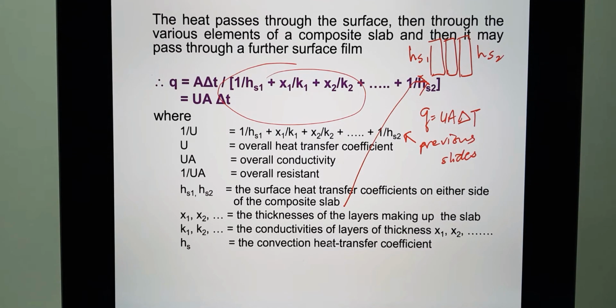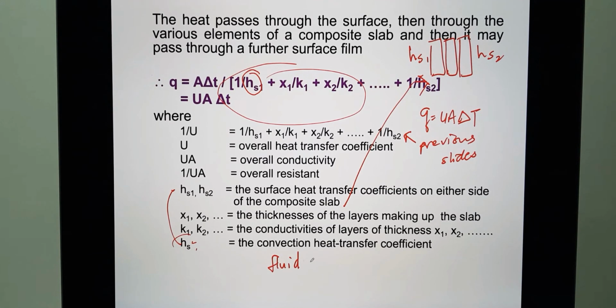HS is the convection heat transfer coefficient. Okay, this particular HS, this one, is the convection heat transfer coefficient. When we talk about this HS, this particular equation always applies whenever there is a presence of fluid.